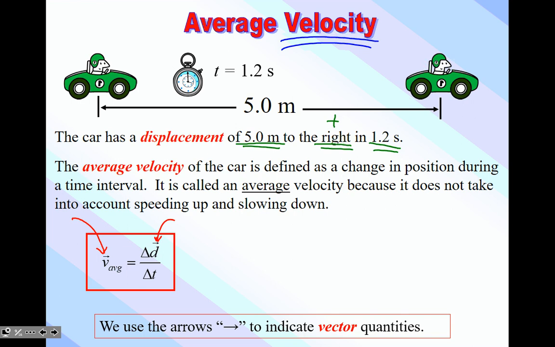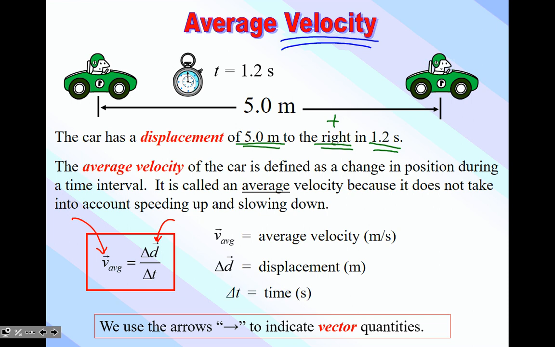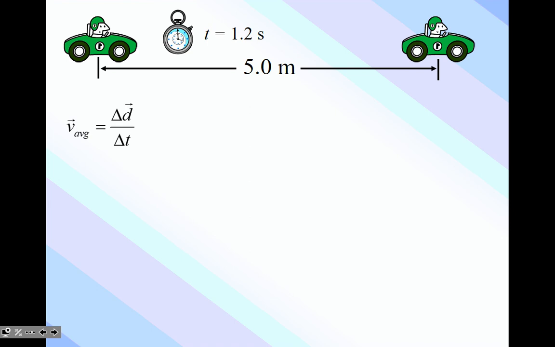So average v with an arrow on top is velocity, not speed, and delta d with an arrow on top is displacement. Your change in time has no arrow, which means it's always a scalar quantity.